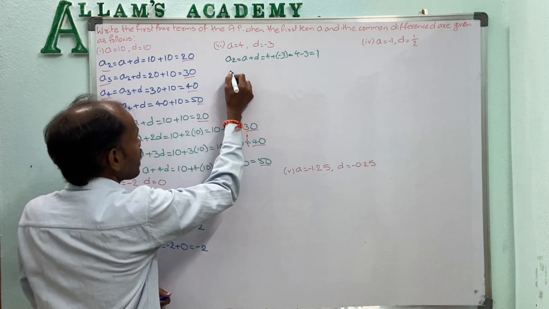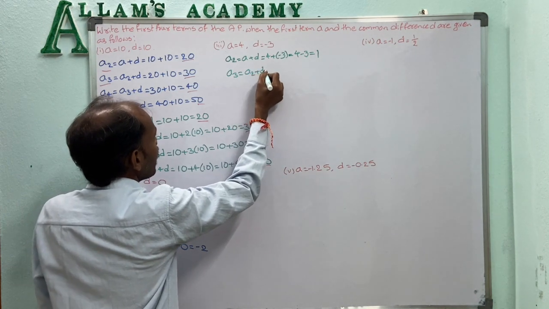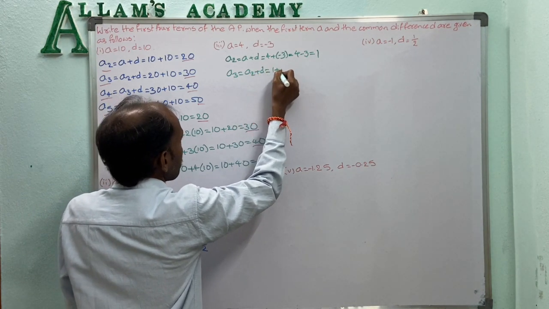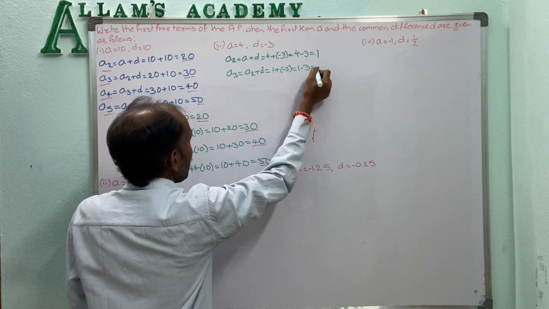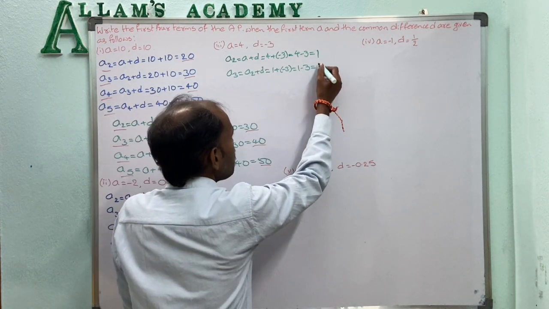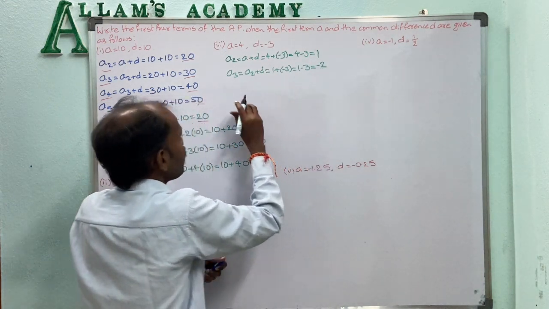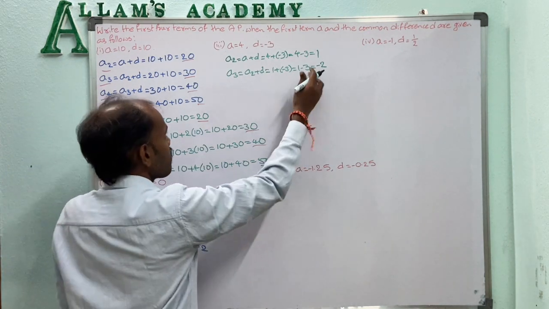Now the third term A3 equal to A2 plus D. A2 is 1 plus of minus 3. Already we said plus into minus is minus. So 1 minus 3 is nothing but minus 2. So the third term of this AP is minus 2.